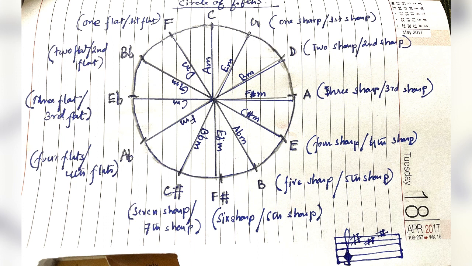If you write the G major scale, the fifth note of G is D. So we write the D after G. Now the fifth note of D is A. So we write A. Similarly, the E, the B.